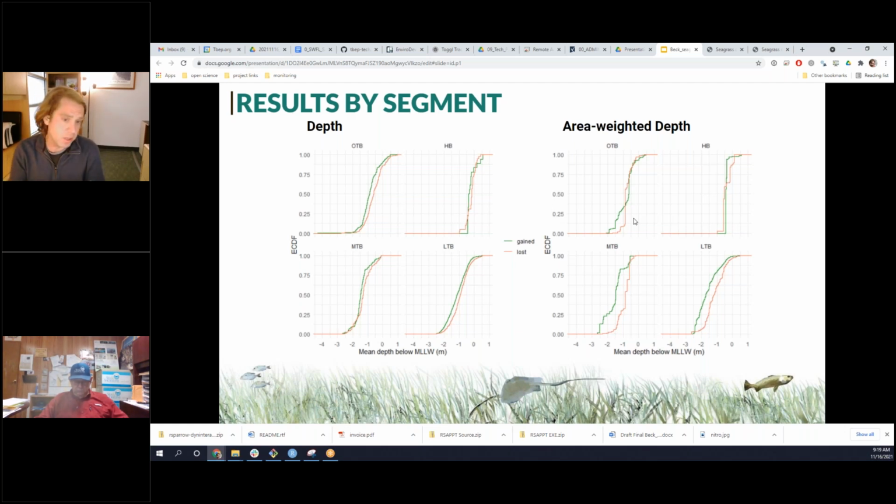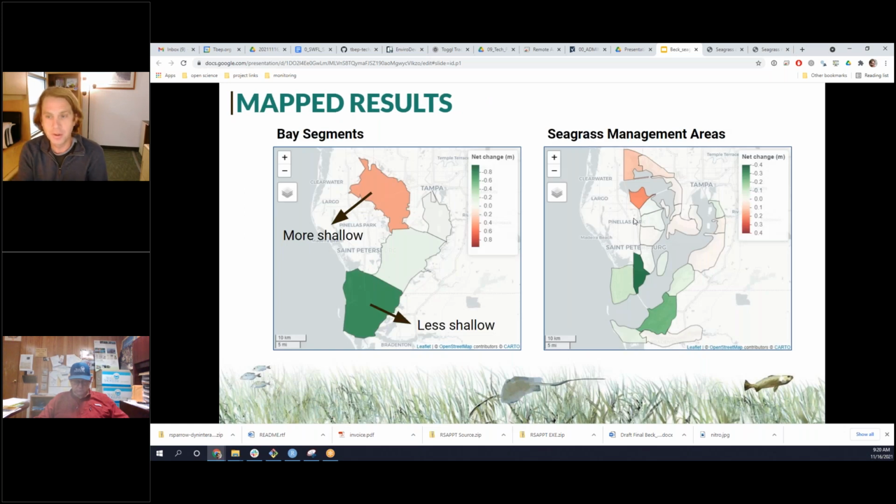But there's another way we could look at this. We could actually look at the net change. So instead of just looking at gain versus loss curves, we can take the difference of those curves and understand the results that way. And so when I did this, I did this for the bay segments as well as all the seagrass management areas.